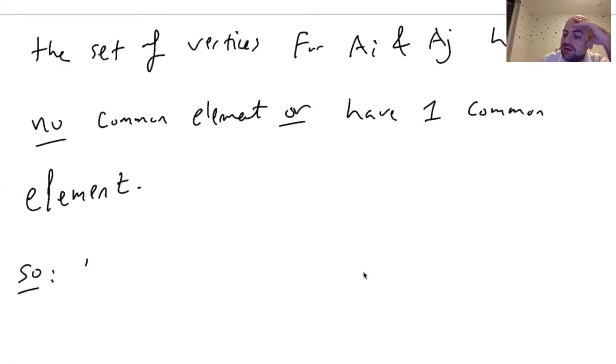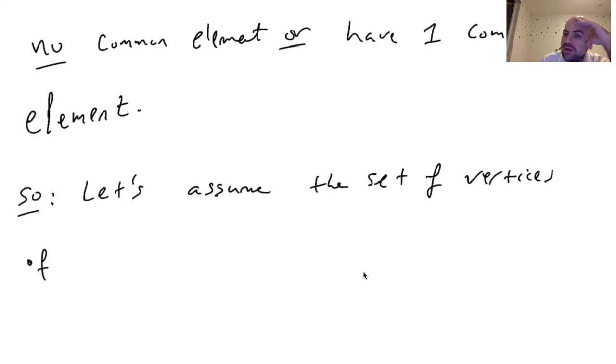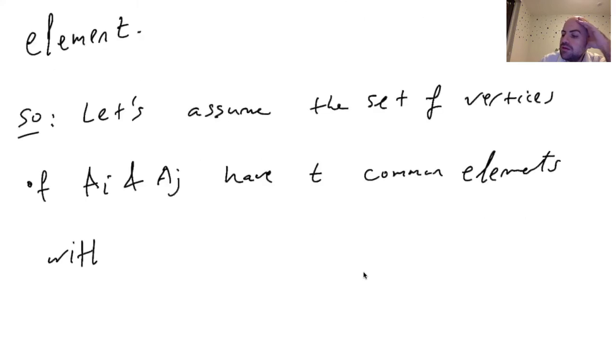So let's assume the sets of vertices of A_i and A_j have t common elements, with t bigger than or equal to 2, and of course less than or equal to L. Remember, each event A_i is the event that we have a copy of the complete graph K_L.